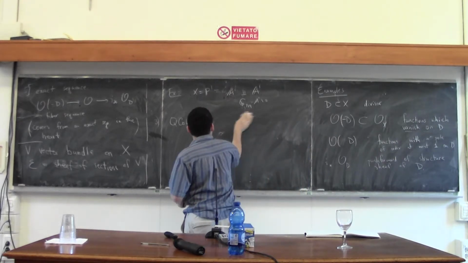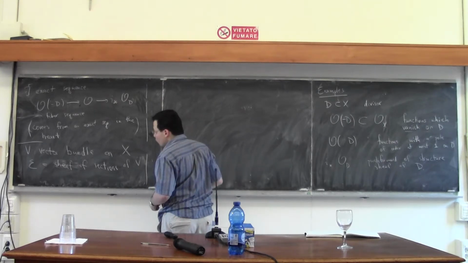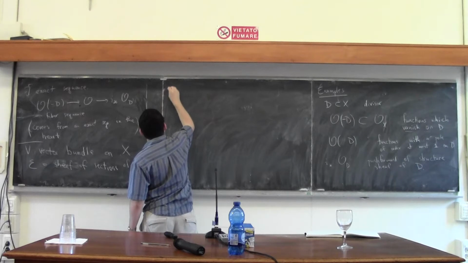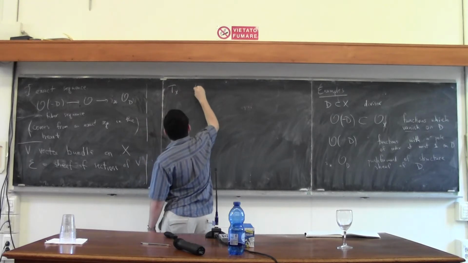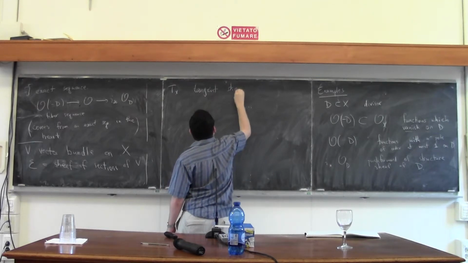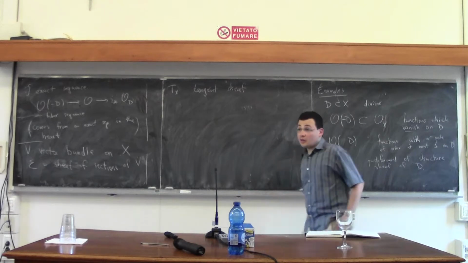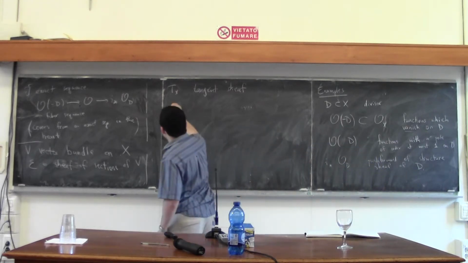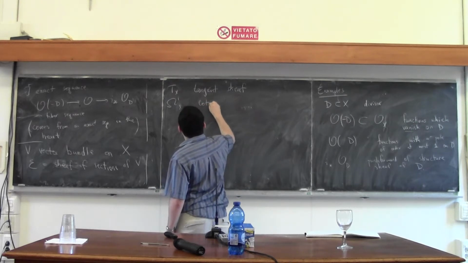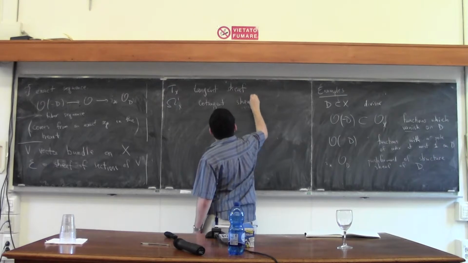So another example is the tangent sheaf. This is this construction applied to the tangent bundle, if you like. And what I'll call omega 1 X, the cotangent sheaf.